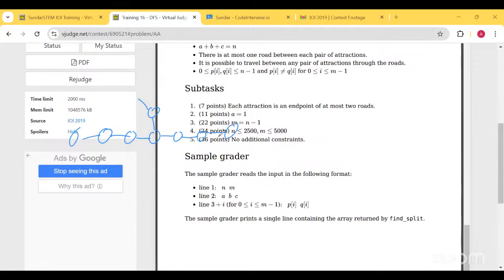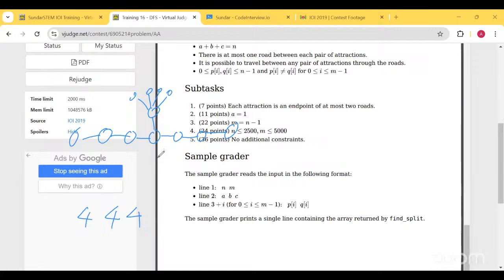yes, let's try to create this graph. For example, A is equal to 1, 2, 3, 4. A is 4, B is 4, C is 4. Let's remove 1. All right, A, B, C is 4.